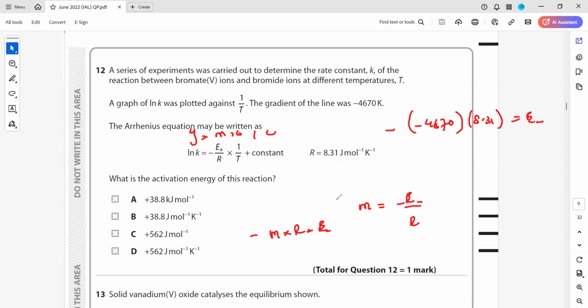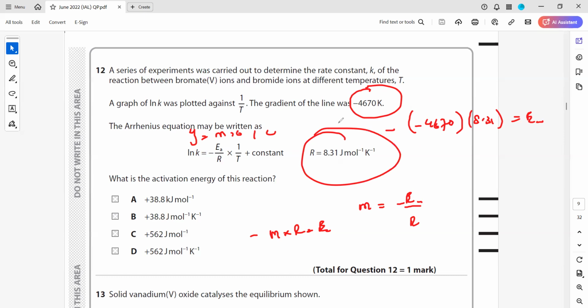What's the answer for EA? Positive, because minus minus. The unit was in joule. If we convert into kilojoules, we divide by 1000. Because the gradient was in Kelvin and the R value is in joule, it's not in kilojoule.